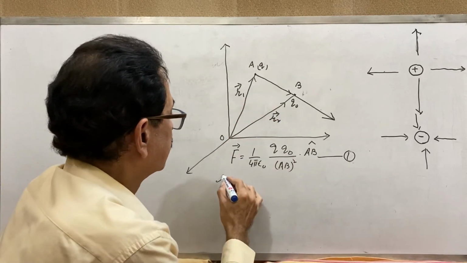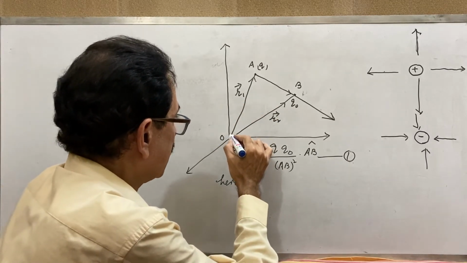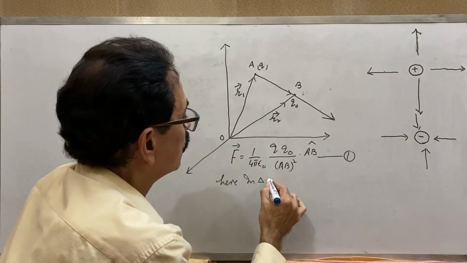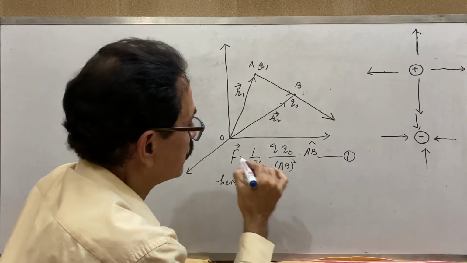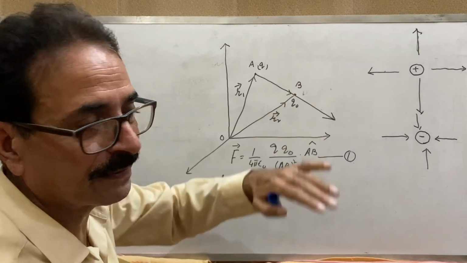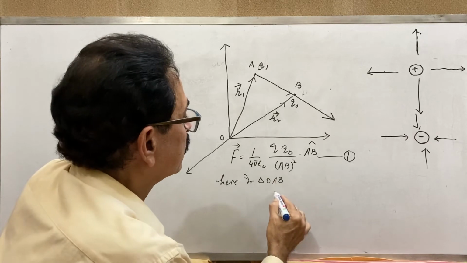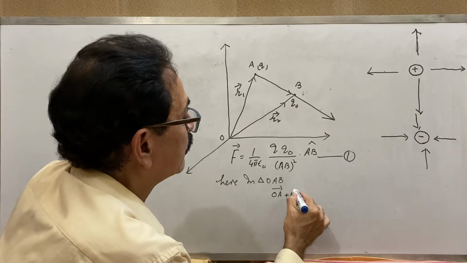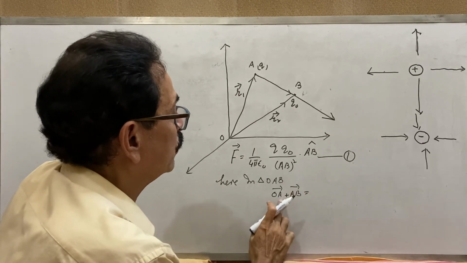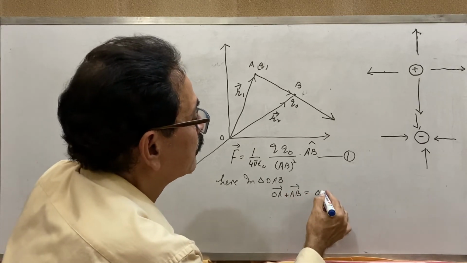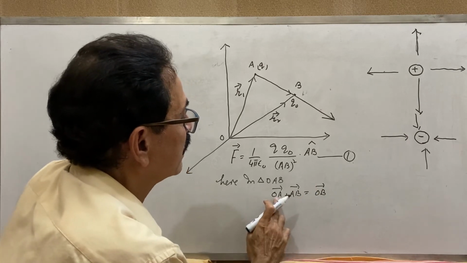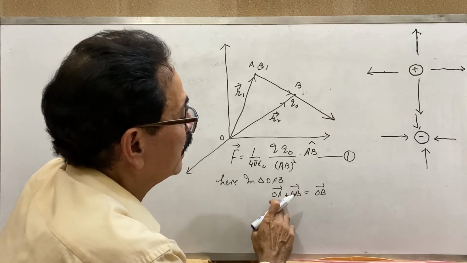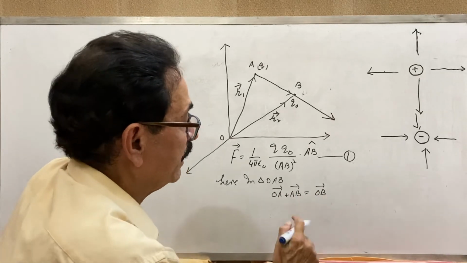Here, I will take this triangle OAB. In triangle OAB, as you are aware of this, the triangle of addition of vectors, that is OA vector plus AB vector is always equal to OB. From the figure, from this equation you can see it. As this is O and B, initial and final, A and A merge, it becomes OB.